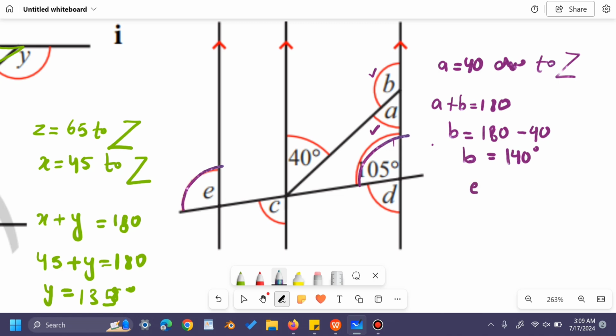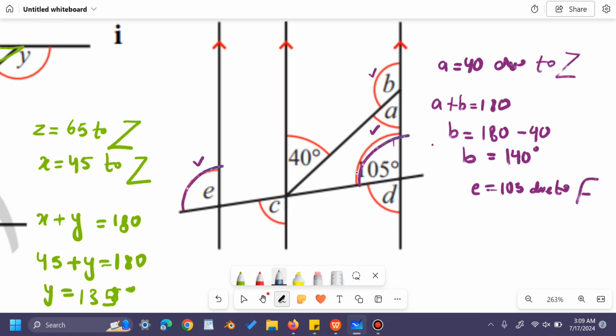So E is going to be 105 degrees due to corresponding angles. Now we have found E as well. We haven't found D and we haven't found C yet.